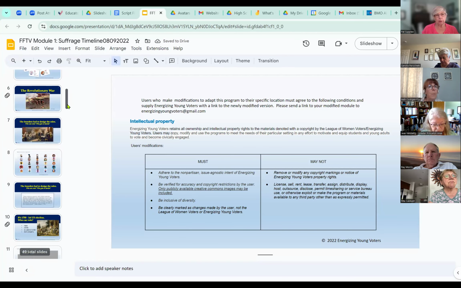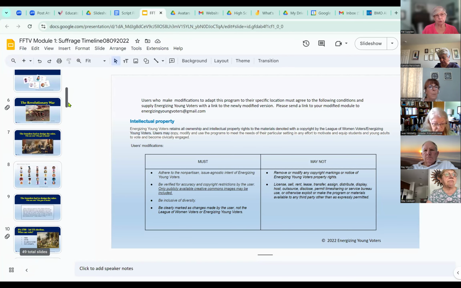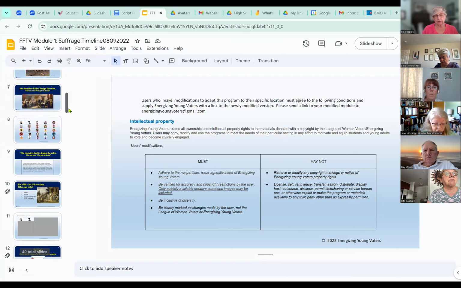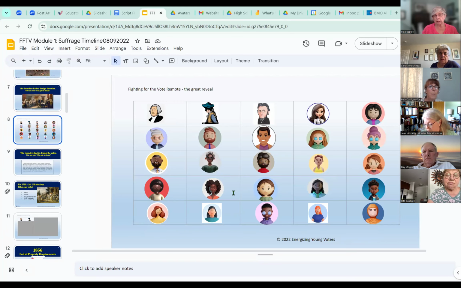If you are with a group that is large enough, you don't have to worry about slide 8. But if you're with a group of people that's only about 5 people, say, this slide will let you give a demonstration of how many people are eligible to vote.